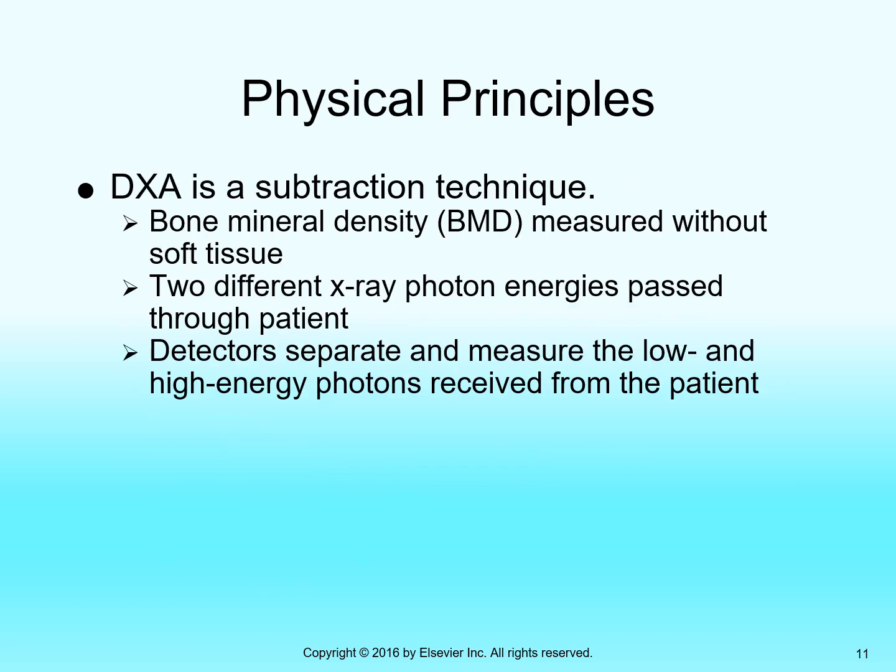All right, physical principles. It's a subtraction technique. So we're going to use a high energy beam and a low energy beam. You don't have to switch it manually. The computer is going to run a certain protocol when we press the exposure button. The first portion of the beam will be like 60 to 65 kVp.